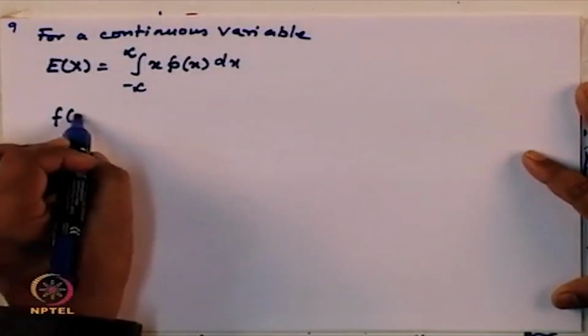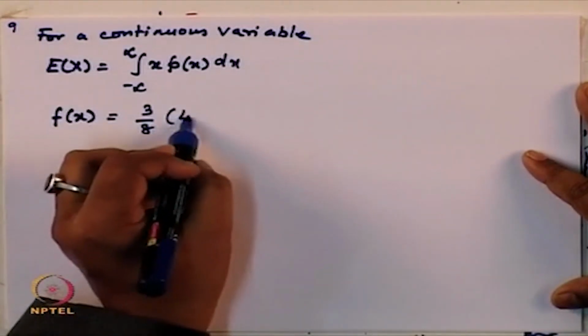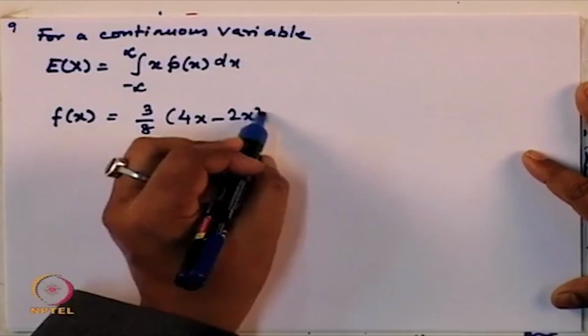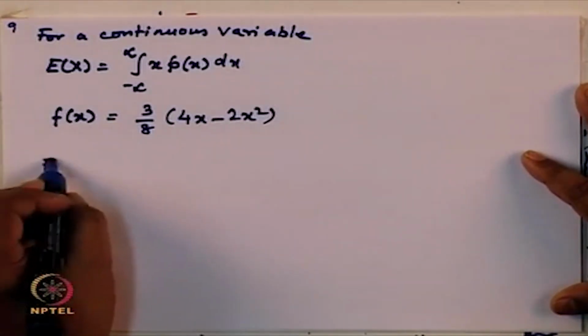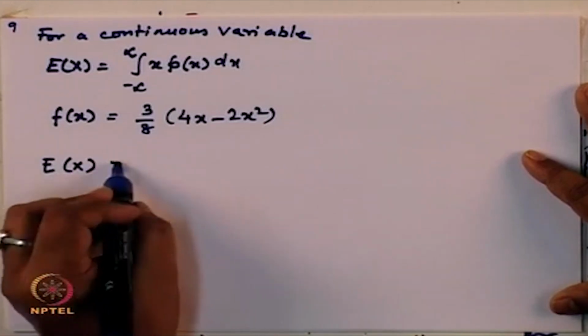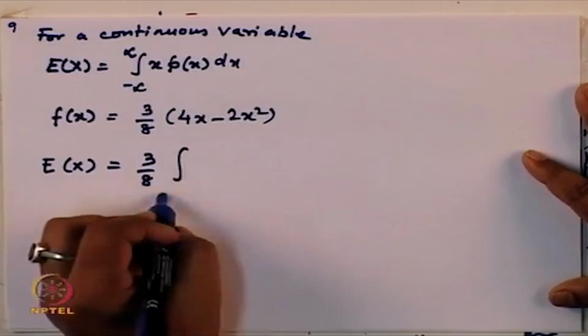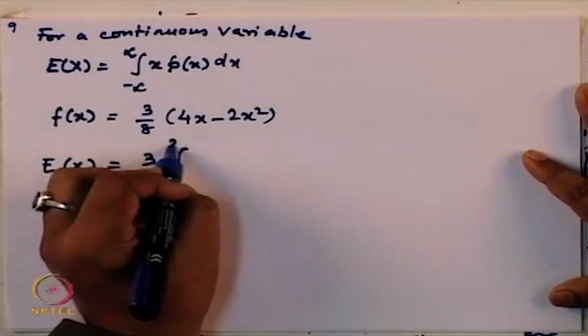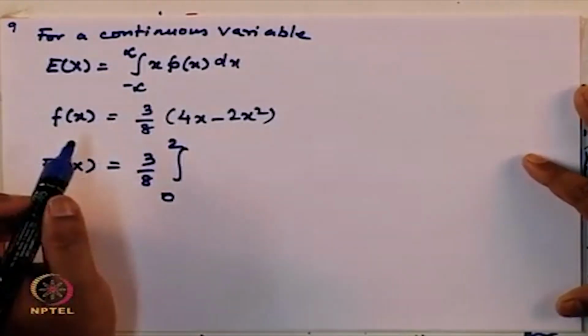For the probability density function that we had, f(x) equal to 3 by 8 into (4x minus 2x square), what will be the expected value? We can calculate the expected value of x as, I can take the 3 by 8 out and integrate. This is only from 0 to 2. In all remaining places, you know that the probability is 0.